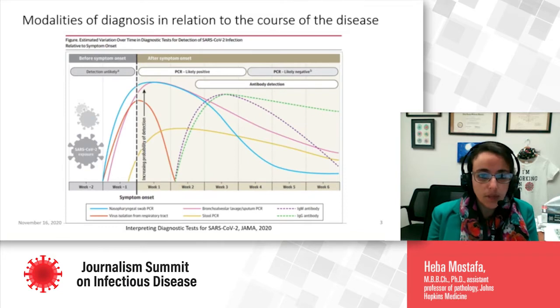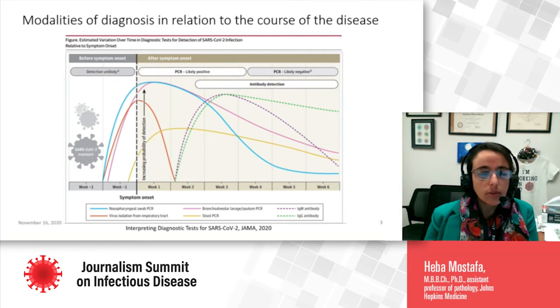And I also would like to revisit this graph that Dr. Carroll showed a different version of, but really wanting to highlight that it's very essential when we pick a specific test to understand that the performance of that assay is really tightly associated with the timing of the course of the disease.